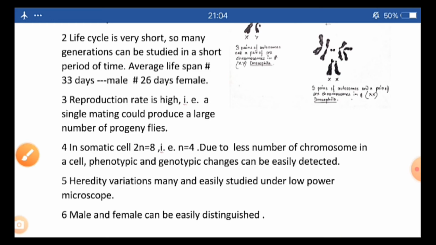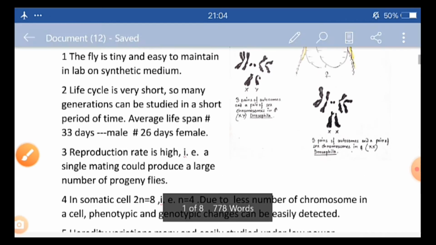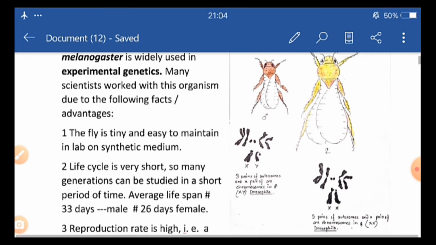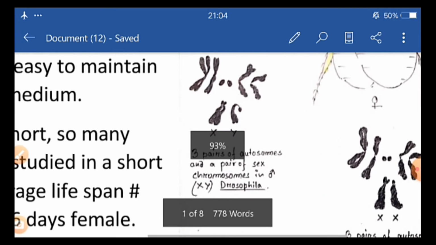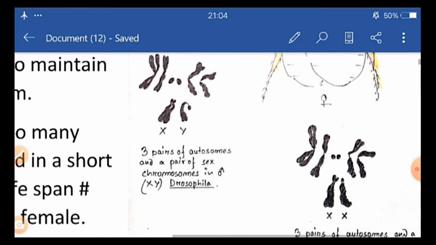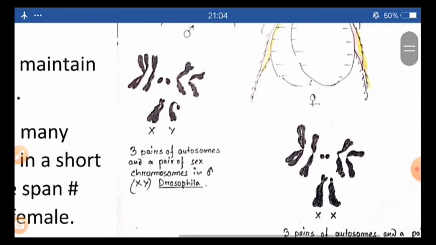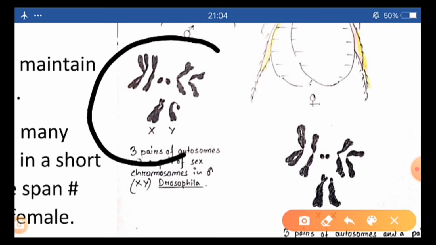Now have a look at the chromosomes. Now the chromosomes are on our screen. These are from the male.